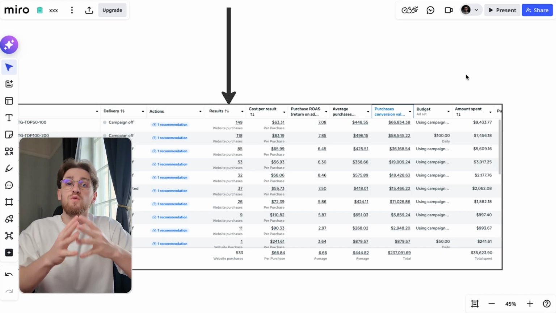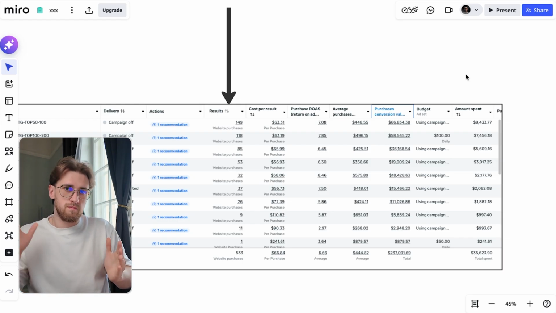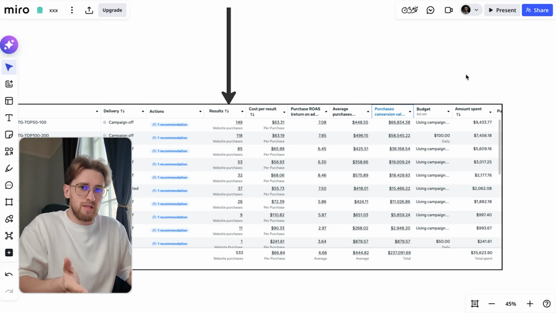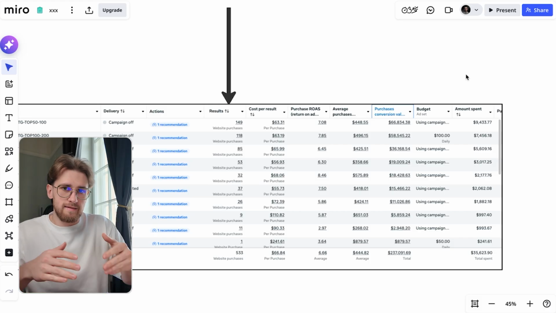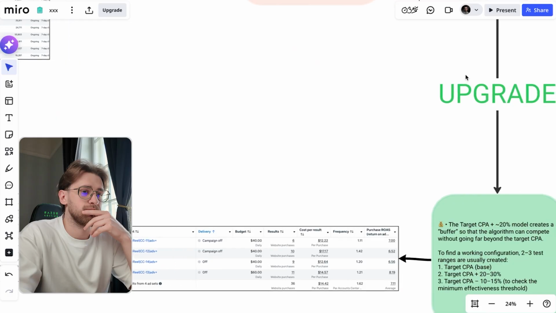It's very simple. Of course, your hit rate will not be 100%, maybe 50%, because it's already a winning creative. But at least you can spend now not $100, you can spend $500 a day. And it's much easier to scale your campaigns.